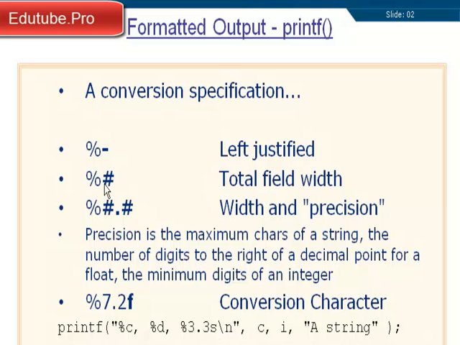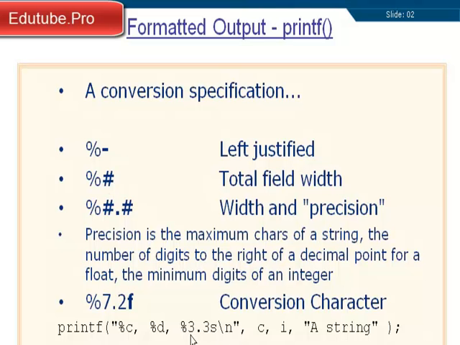So the first number is the total field width. Then if there's another one, there will be a dot between them. We'll have a dot, and then the precision. Now the precision means different things to different kinds of values being passed in here. If it's on a %s, then that's the maximum characters of a string to be printed. So here we have %3.3s.